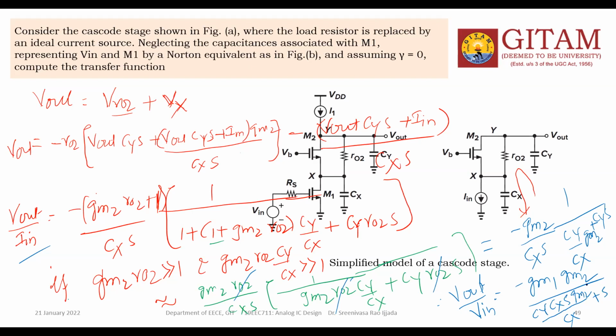Simple. If you multiply Vout by In with the transconductance gm, what is gm? I by V. This I cancels, and Vout by Vn remains. Understand?